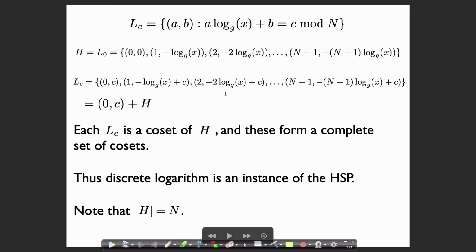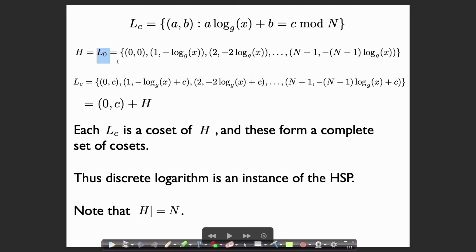So this shows that the discrete logarithm problem is an instance of the hidden subgroup problem. Again, remember, what is the output in the hidden subgroup problem? It's a generator for the hidden subgroup, and in this case our hidden subgroup is L0.